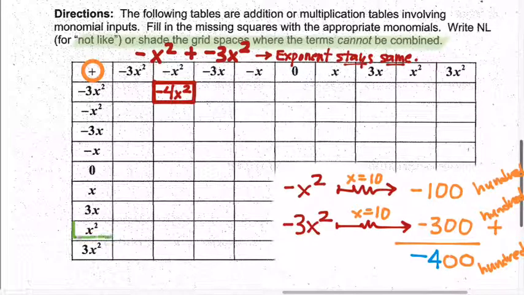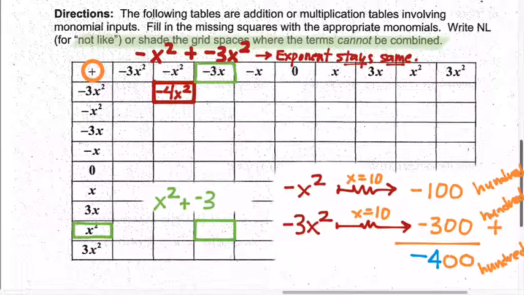So if I want to add this monomial and that monomial together, what happens? Yeah. We can't do it. So how would you write x squared plus negative 3x? What are our options? If they're not like terms.